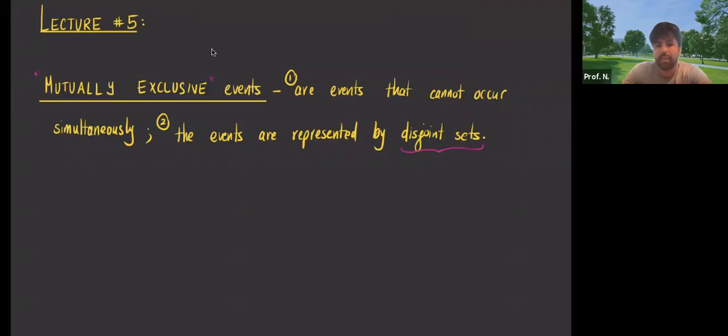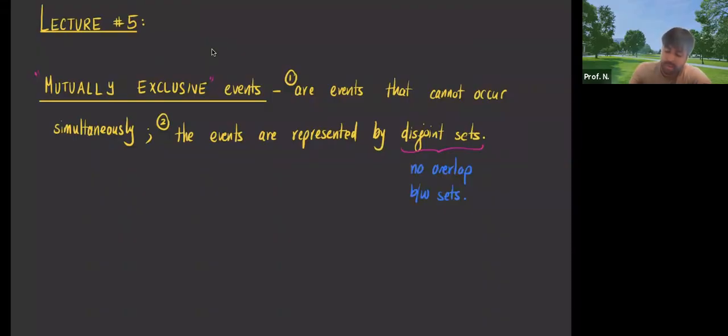No overlap. That's right. One thing about learning mathematics, learning probability, is knowing how to say things in English and how to interpret that or express that in mathematical notation. So when I say disjoint, that means that there is no overlap between sets. Now, how do you express that mathematically?